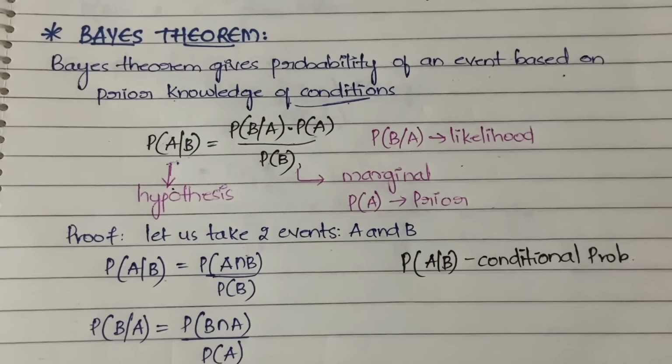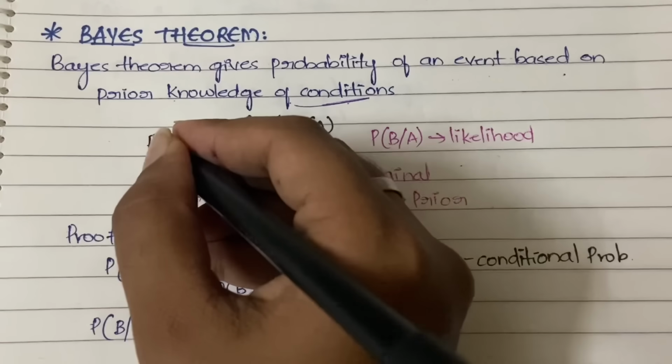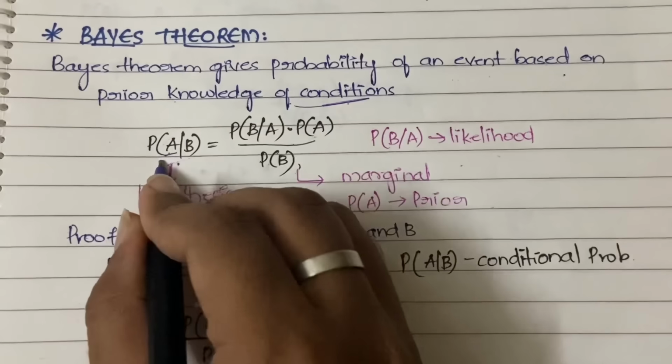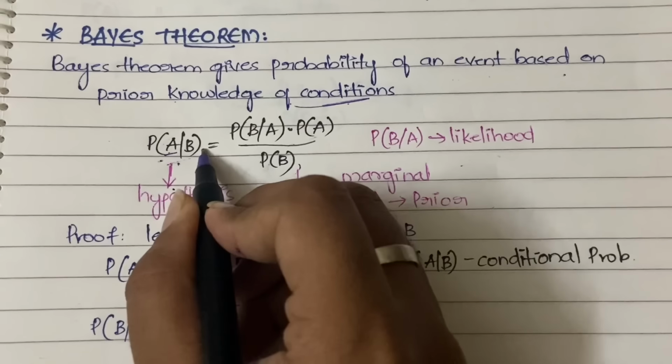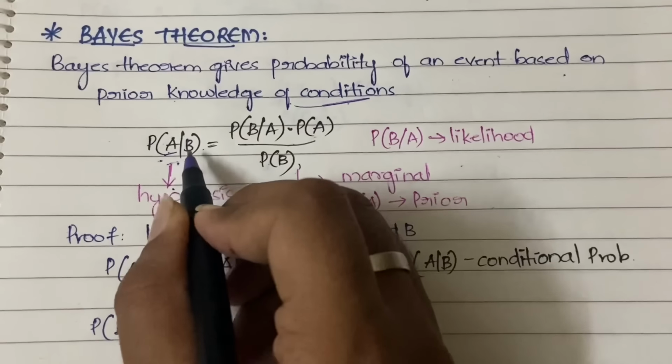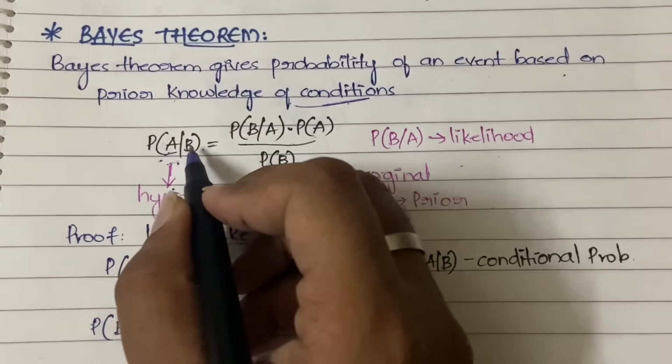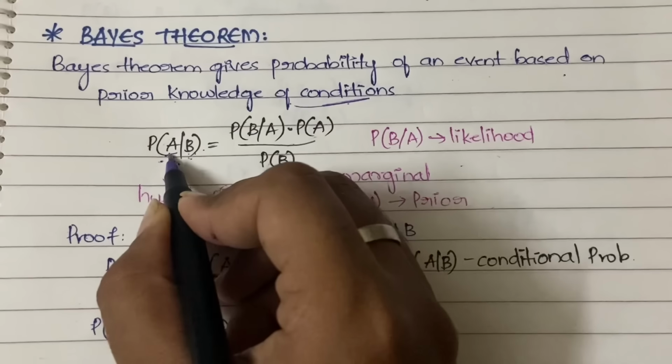So it is P of A given B. How do you read that? Probability of A given that B has already occurred. You know the probability of B, and you're finding out the probability of A now.